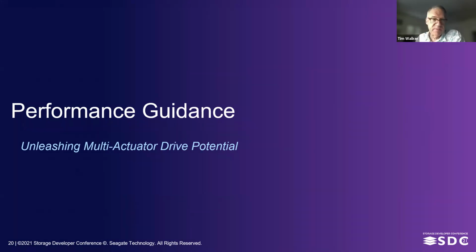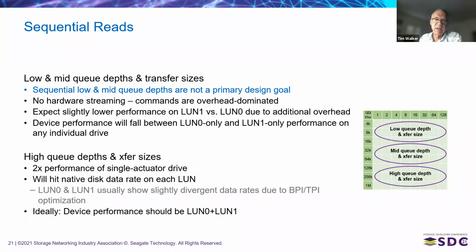We're going to talk a little bit about performance. A lot of this is Seagate implementation driven, but I wanted to go over what the performance expectations would be for multi-actuator.